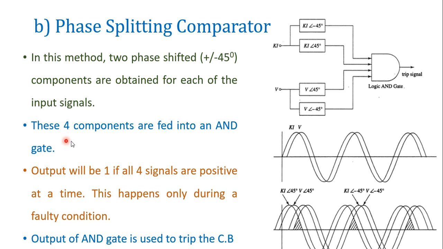These four components are fed into the AND gate. The output of the AND gate will be obtained when all the signals coincide, so the trip signal will be obtained if all signals coincide.